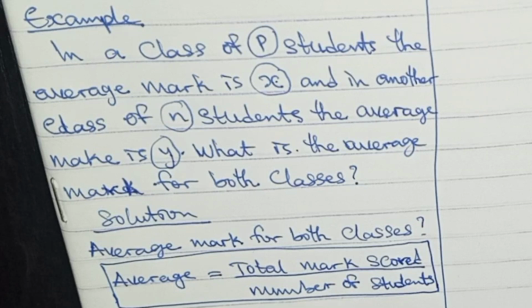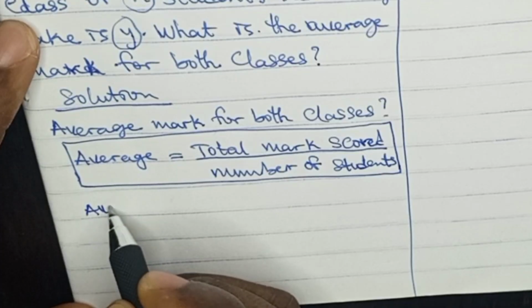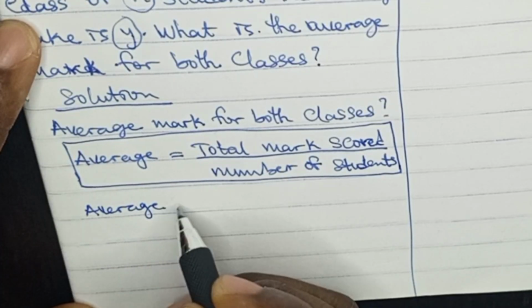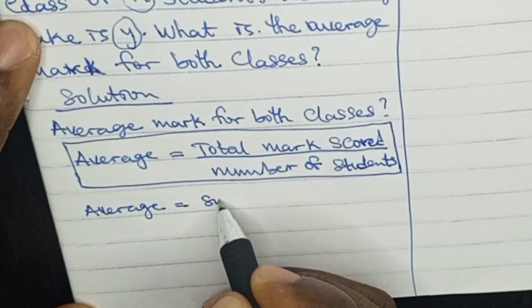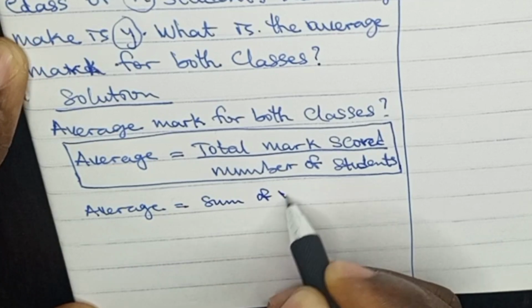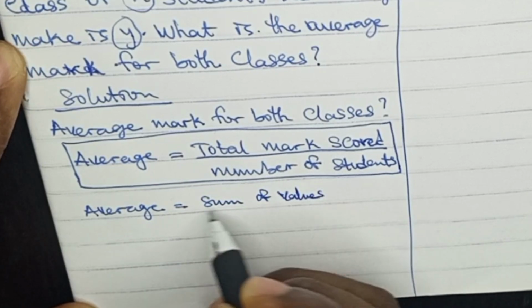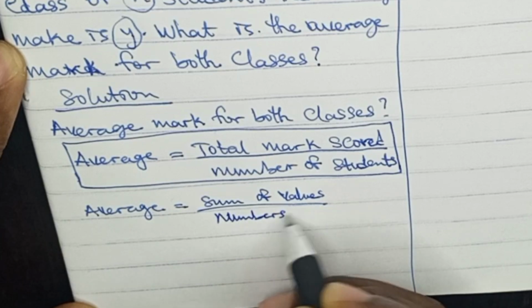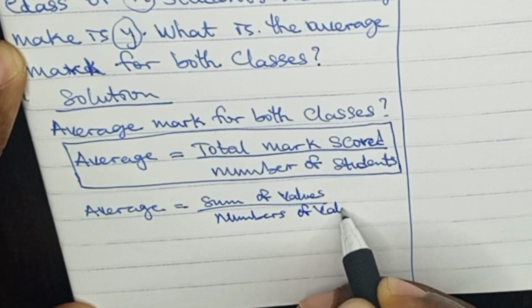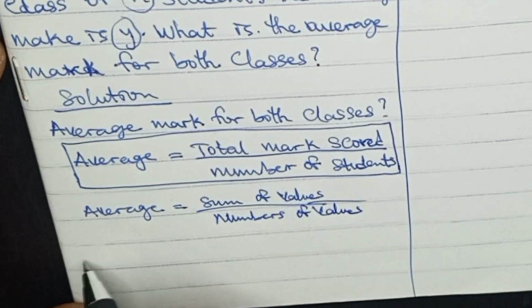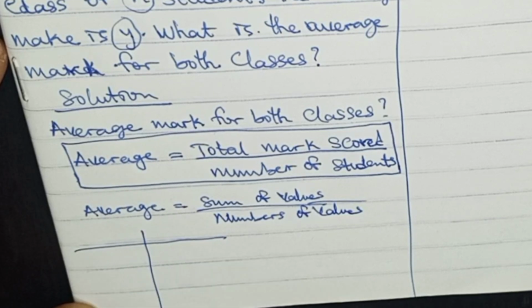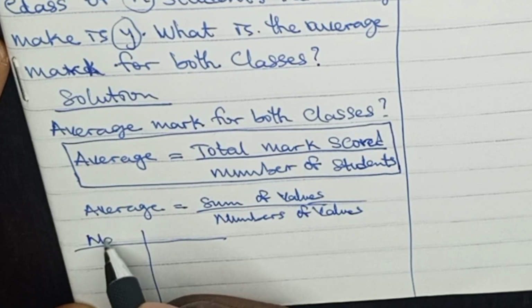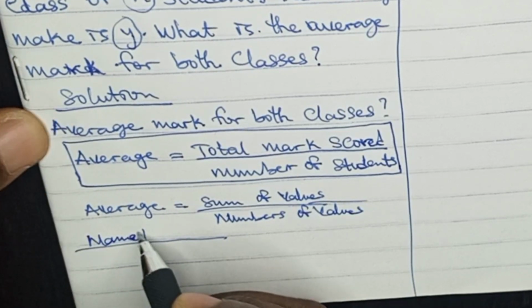But for more understanding, let me explain a bit further. Finding the average of anything is the sum of values over the number of values. So for example, in a class of four students, let's write the names.